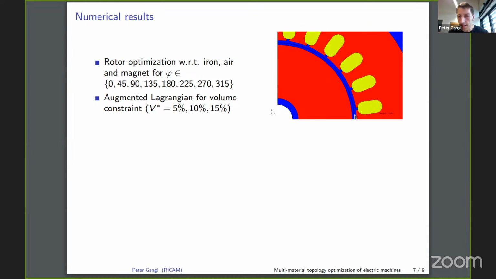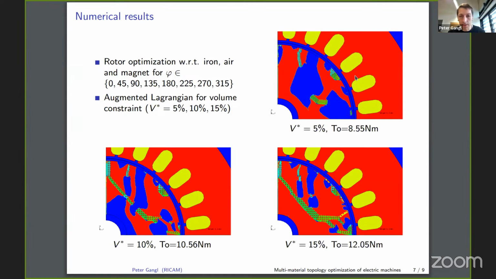We use some periodicity conditions here to reduce the computational domain to just a quarter. And here we can see some optimization results for 5%, 10%, and 15% magnet volume of the inner circle.